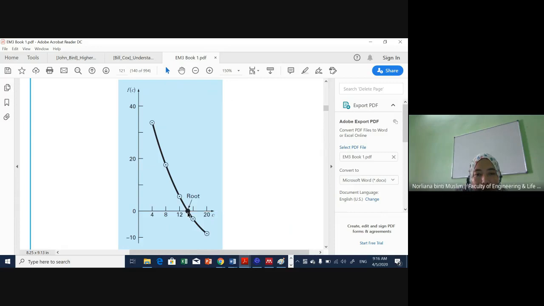This point, the black dot here, is the root. So the root is the solution for this kind of function f(x). So you can check this one, f(x) is 0. So the value here is 14.7802.